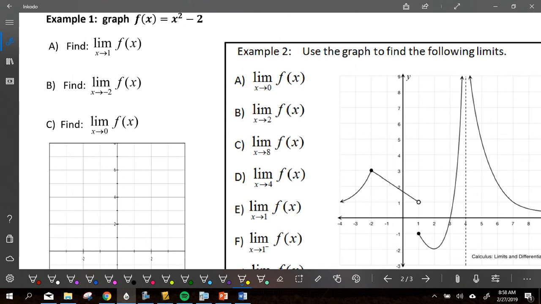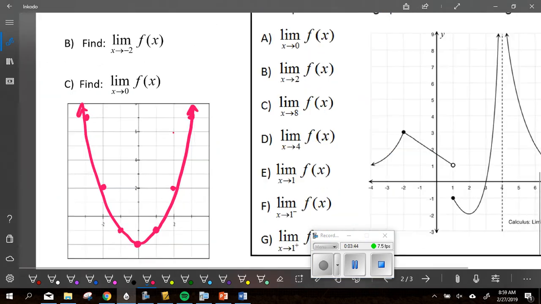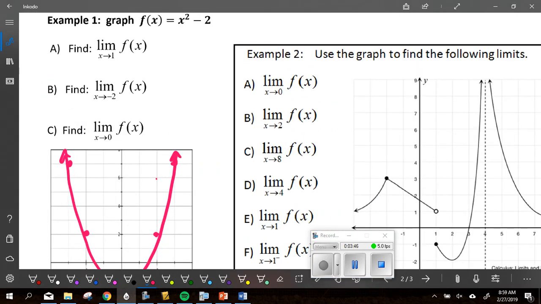So let's look at this graph right here. On your paper, I want you to graph x squared minus 2. Take a second on that box right there and graph x squared minus 2. See what that looks like. So given that graph right there, x squared minus 2, we're going to find some different values. We're going to find the limit as x approaches 1.